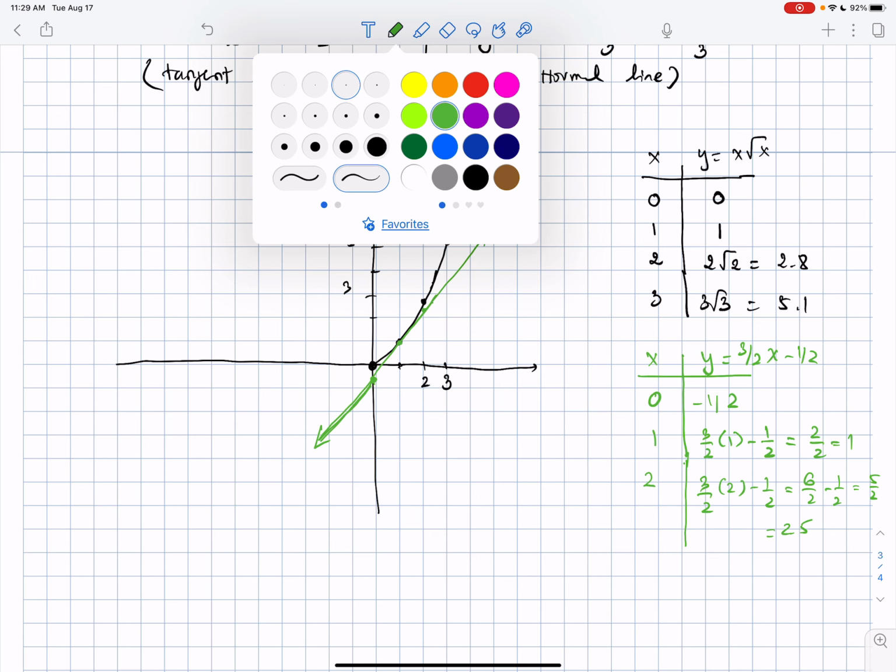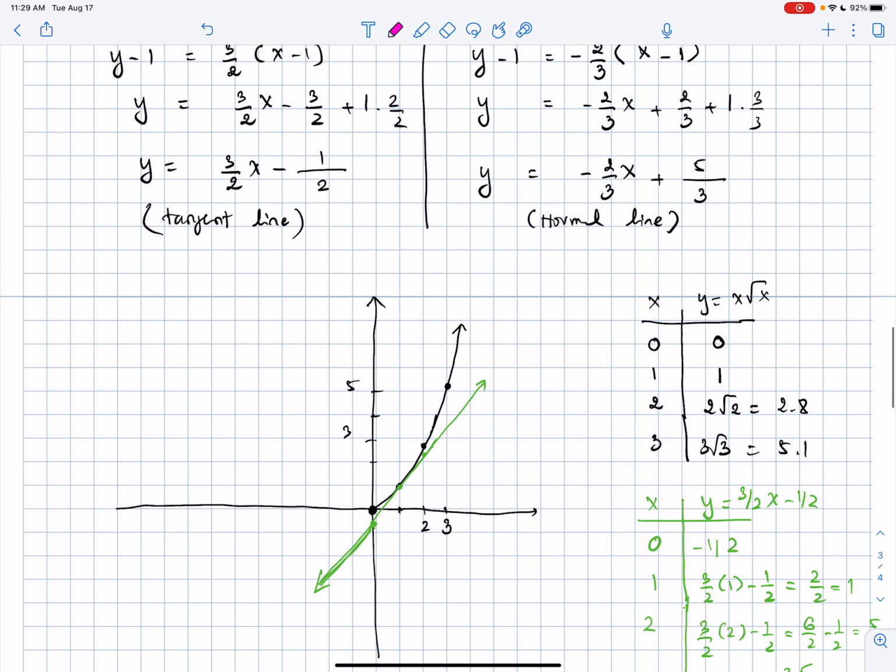Now the normal line. The equation is y equals -2/3 x plus 5/3. So if x equals 1, the answer will be 3/3, which is 1.